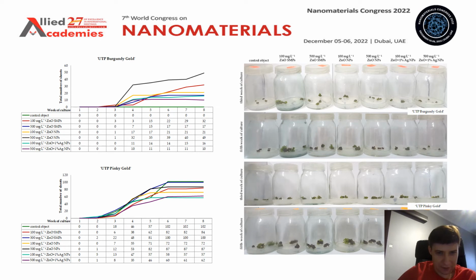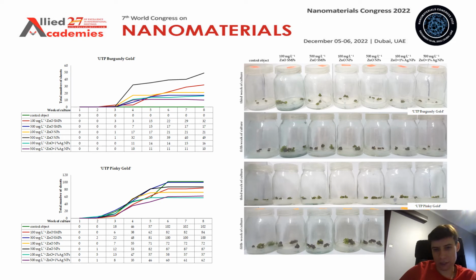But as for the cultivar Burgundy Gold, here we observed a highly stimulating effect of nanoparticles on the development of adventitious shoots. Because as you can see, in the control object, there was basically no shoot development observed.